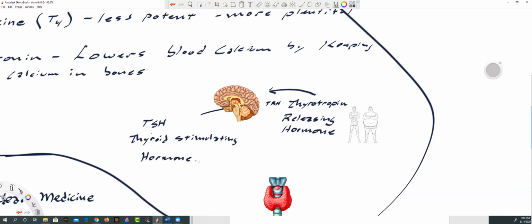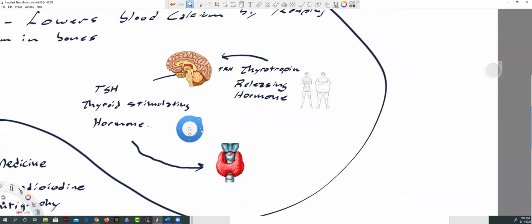And of course, thyroid stimulating hormone is, lo and behold, going to stimulate the thyroid, which apparently, once again, I can't draw behind that. Or in front of that, I should say. That's okay. The thyroid, from thyroid stimulating hormone, is going to create its T3, T4.